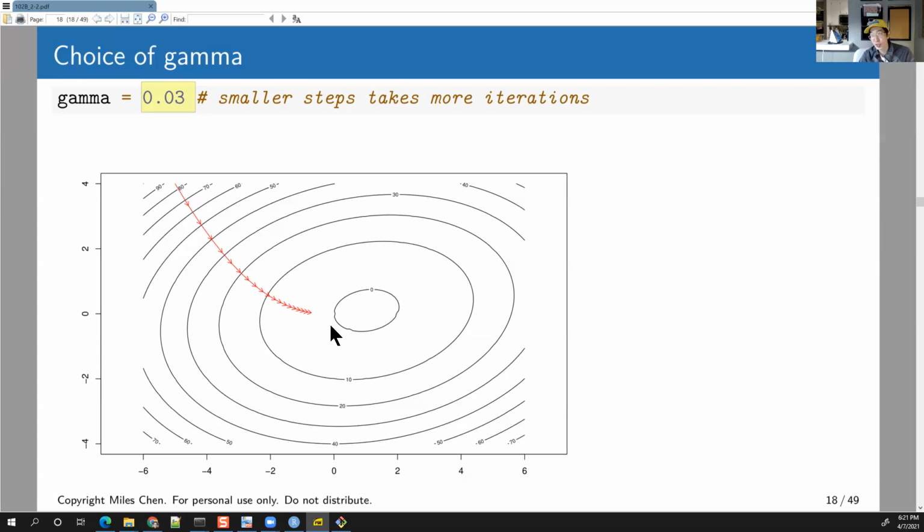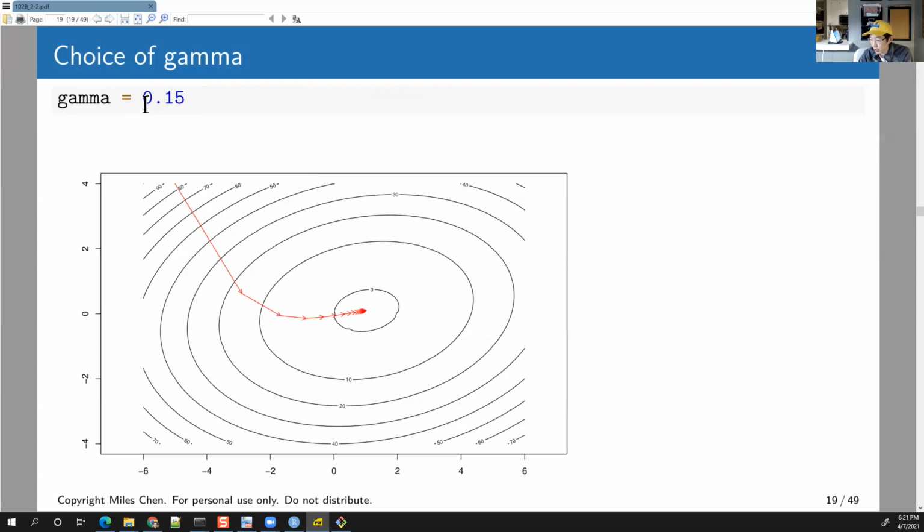Generally we recommend starting off taking small steps and then increasing the step size. Taking small steps is fine, that's safe. It just might take you longer to get to the bottom.